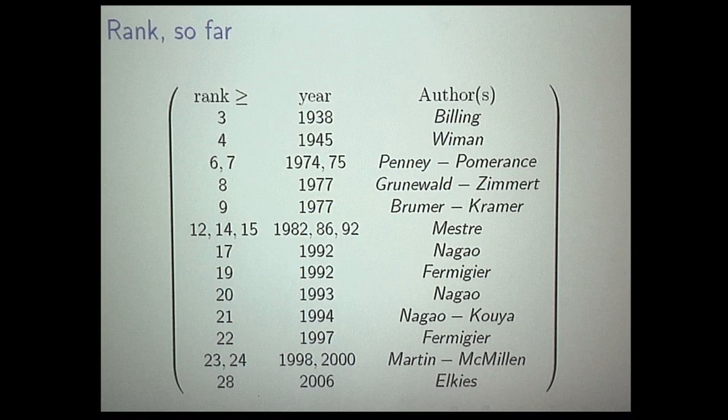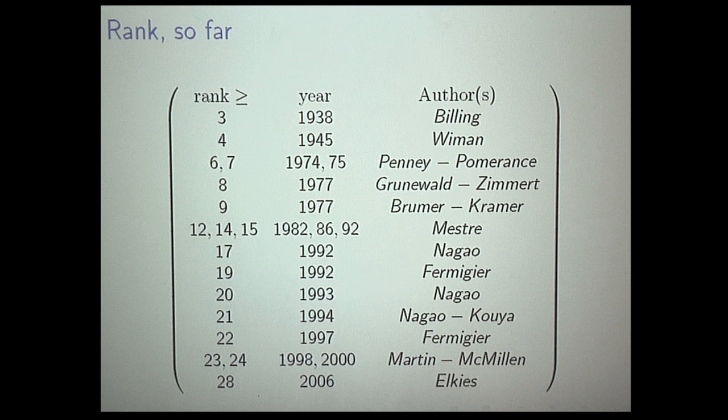So let's take a look at the ranks so far. 21, that's 1994. Now the 22, 23, 24 examples, therefore, if the conjecture is true, each one of them is an example of finitely many curves of that rank, if Bjorn et al.'s conjecture is true, which is quite interesting.